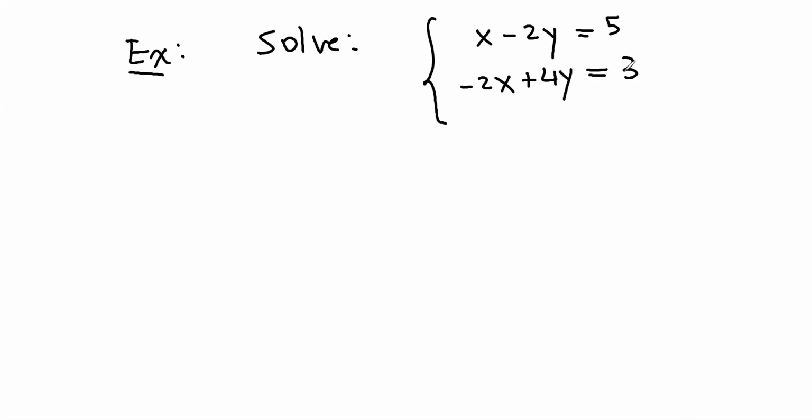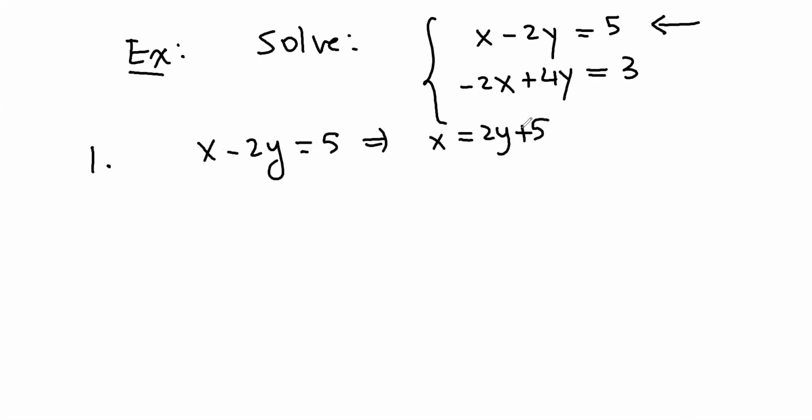If you try to solve this system using the same steps, the first step is solving one equation for one variable, and the one that has coefficient 1, which is the variable x here. So this will be easier to solve. So x minus 2y equals 5, then we have x equals 2y plus 5.